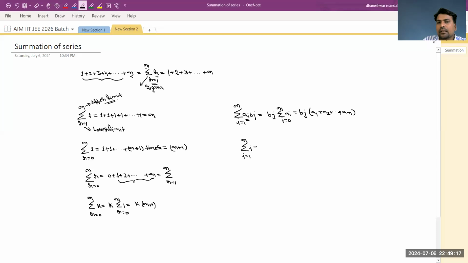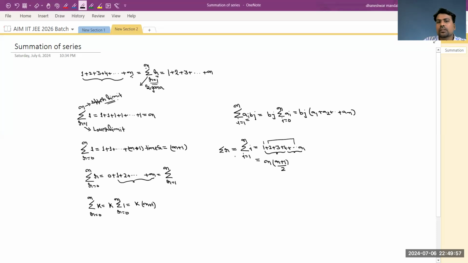Then it is nothing but 1 plus 2 plus up to n, which is an arithmetic progression. If we have n terms, and I add the first term and the last term, then we obtain n times n plus 1 divided by 2.